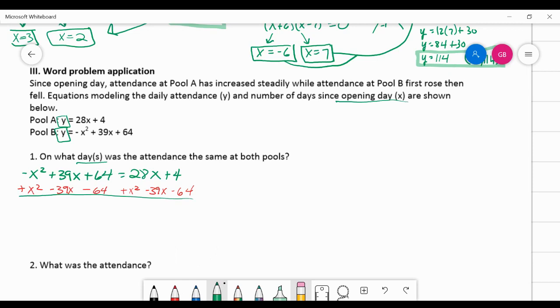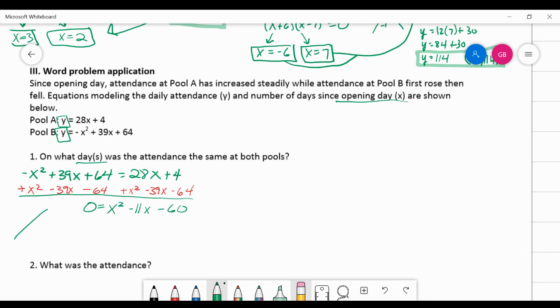Okay, so now I'm done. So 0 on the left, positive x squared, 28 minus 39, that's going to be negative 11x. And then 4 minus 64, that's going to be negative 60.